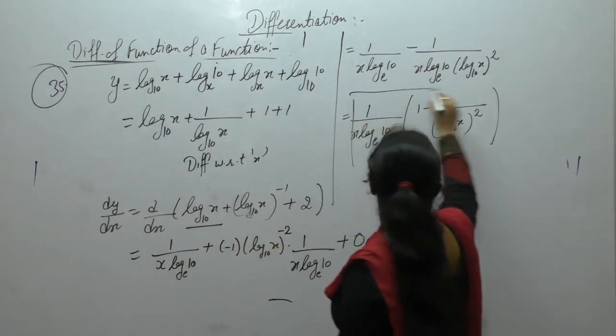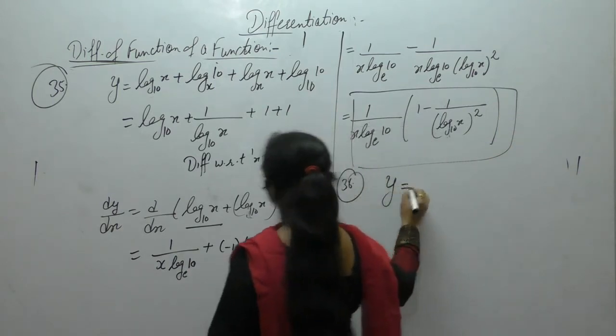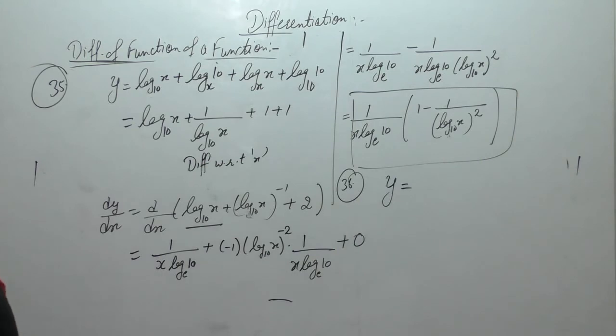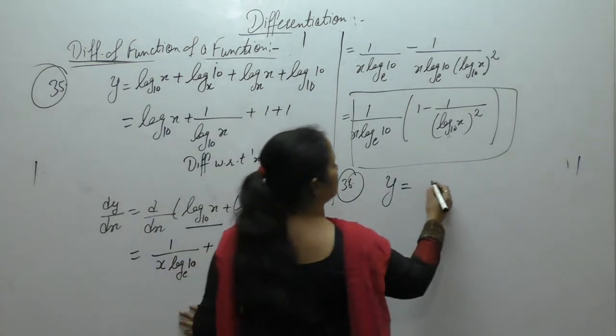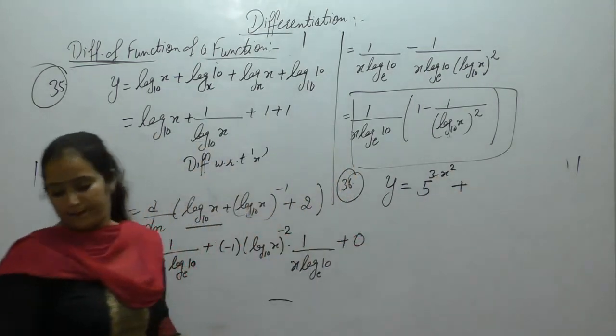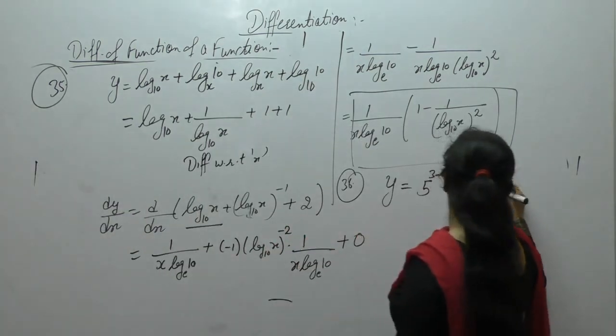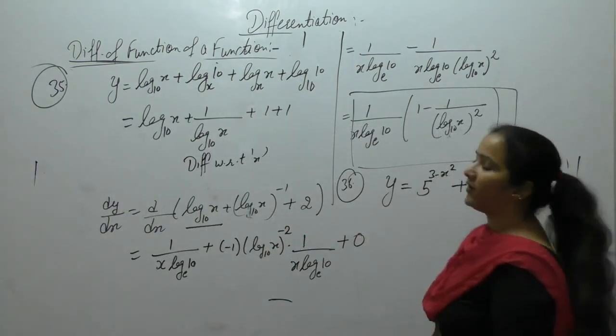Now the next one, y is equal to 5 power 3 minus x square plus 3 minus x square power 5.